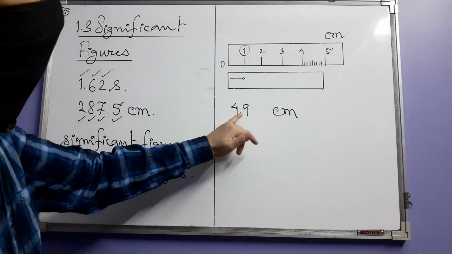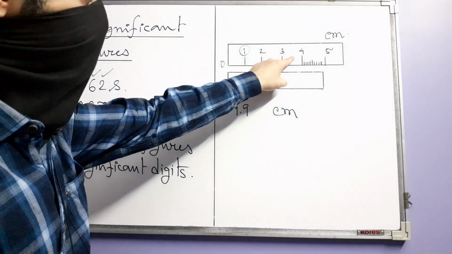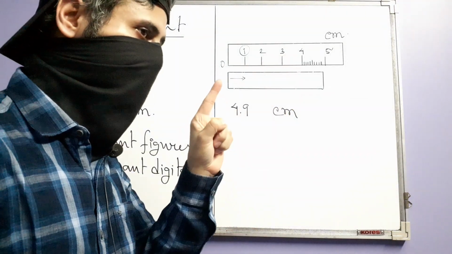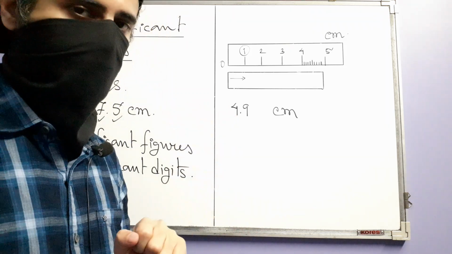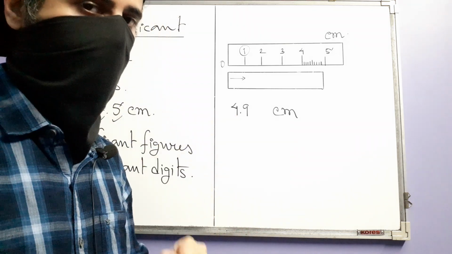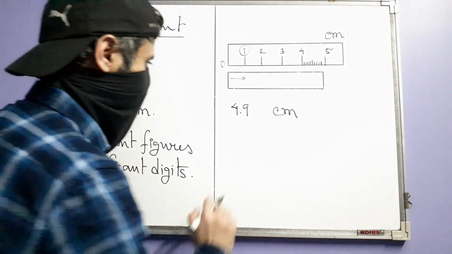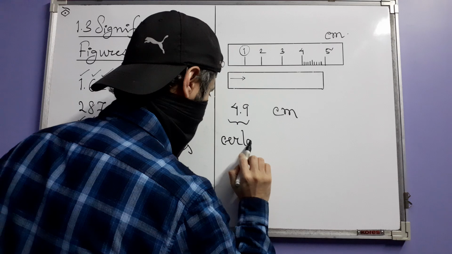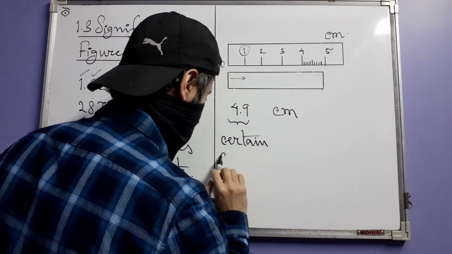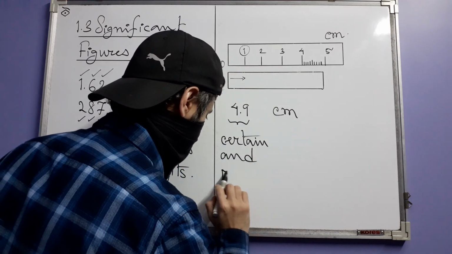Note that these digits 4 and 9 that come from this device are exact. They are certain digits. They are known and they are reliable. So these digits are certain and reliable.